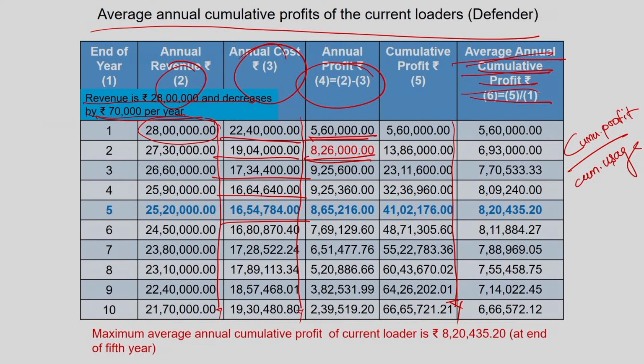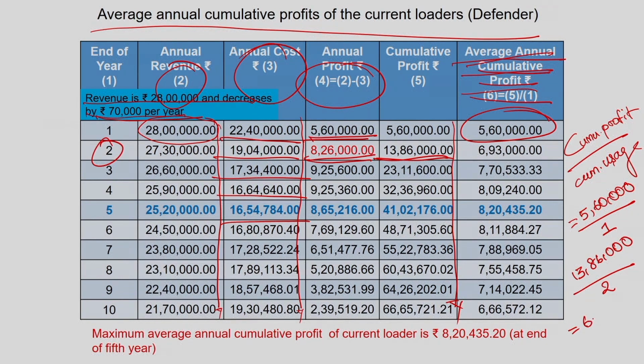So, for the first year the cumulative profit is 5 lakh 60,000, divided by year 1. That gives me the average annual cumulative profit for the first year. For the second year, the cumulative profit is 13 lakh 86,000 divided by the cumulative usage, which is 2 years. Now, you get the average annual cumulative profit as 6 lakh 93,000.